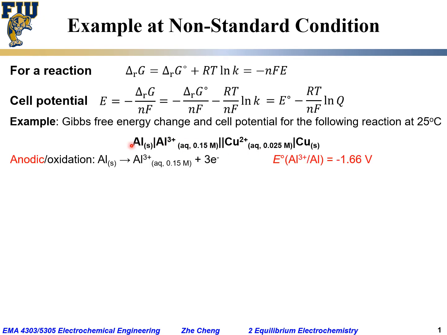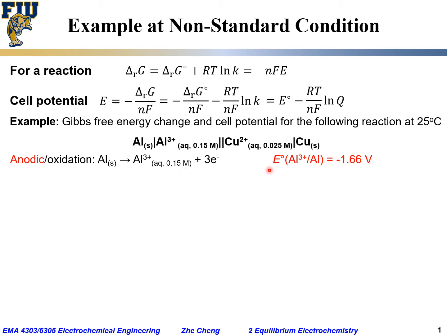So this is the overall cell, and let's think of it from the electrochemical reaction point of view. The anodic or oxidation half cell would obviously be for the more active metal, aluminum, to give out 3 electrons and become aluminum 3+, an ion in aqueous solution, and let's assume the solution concentration is 0.15 mole per liter.